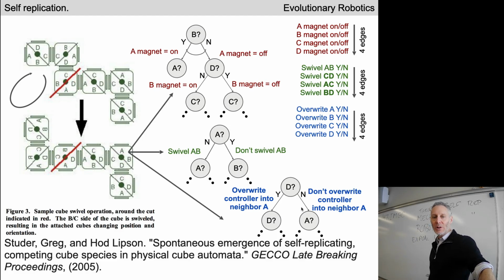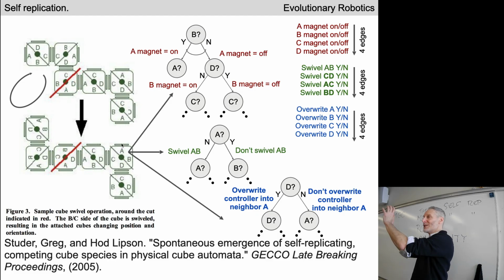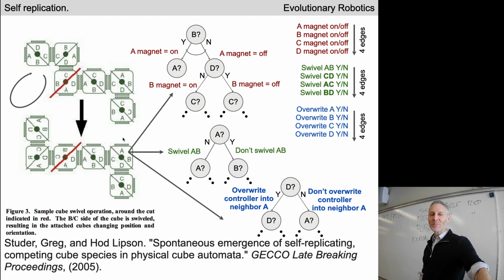So for example, if we descend along this edge here, this cube will try and overwrite these 3 controllers into the neighbor on its A side. This particular cube has no neighbor on its A side, so the attempted takeover doesn't happen. It copied the controllers and sent them out into empty space.